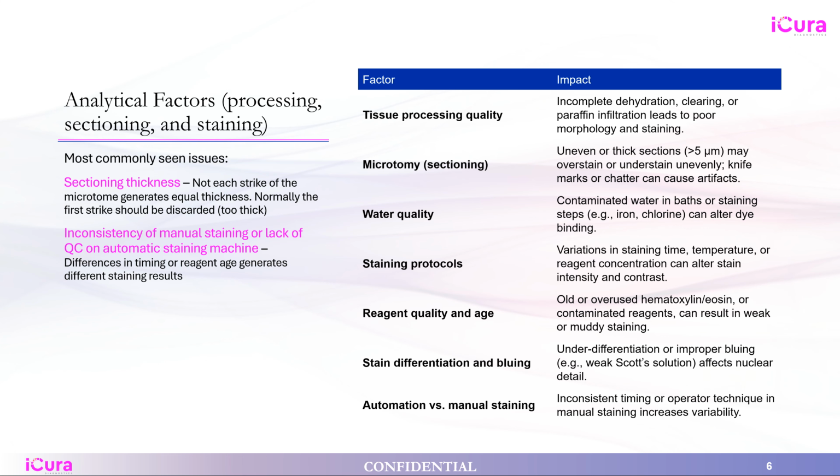But today I want to bring up two important things that might often be ignored in assay processing, in assay performance. The first one is so-called sectioning thickness. Normally for histology sections, especially for FFPE, a regular section thickness is 4 to 5 microns, and for frozens, we can do 5 to 10 microns.